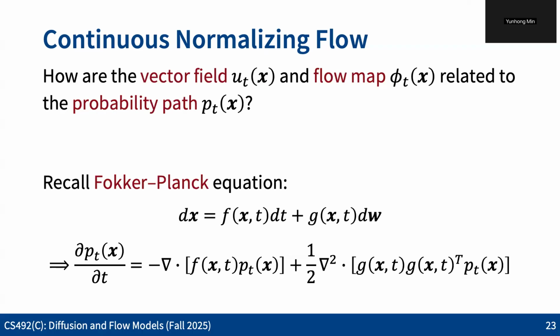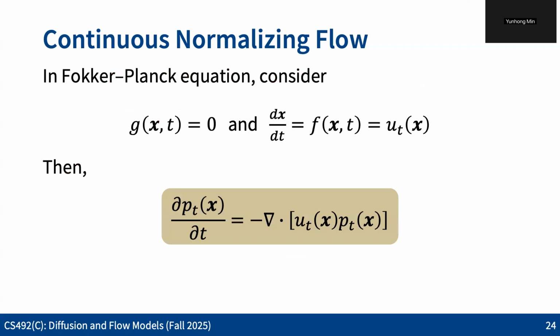While this looks quite complicated, the good thing is that if we ignore these parts, we see a very simple ODE formulation. This is actually the ODE formulation of the vector field, right? If we ignore this part, then this f function can be considered as our vector field, as you can see here.